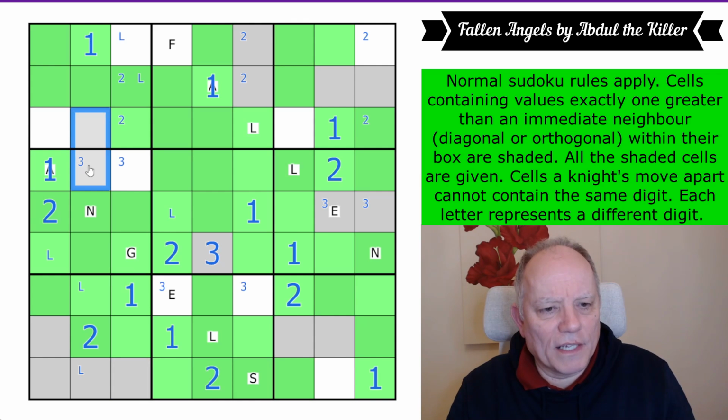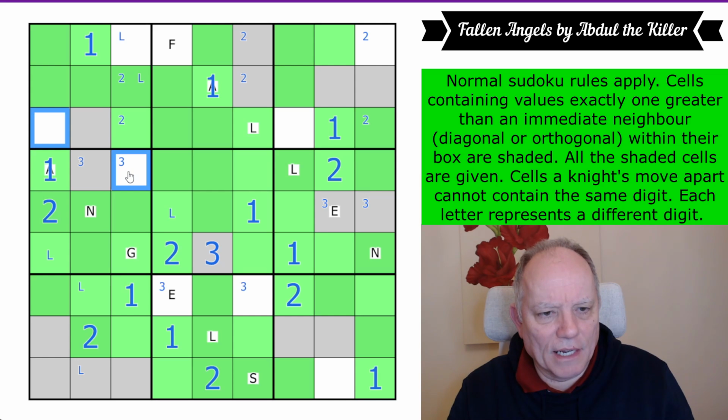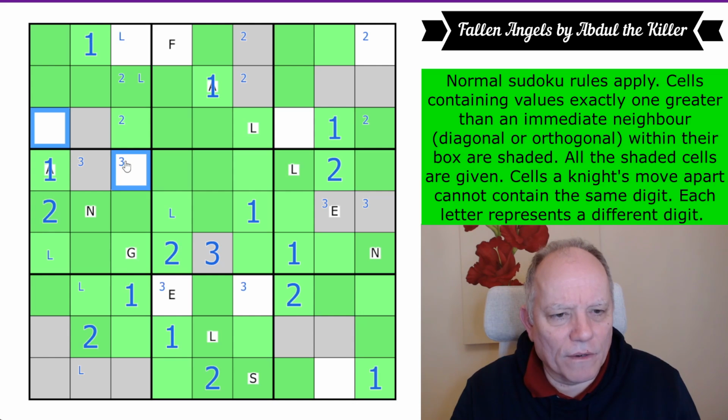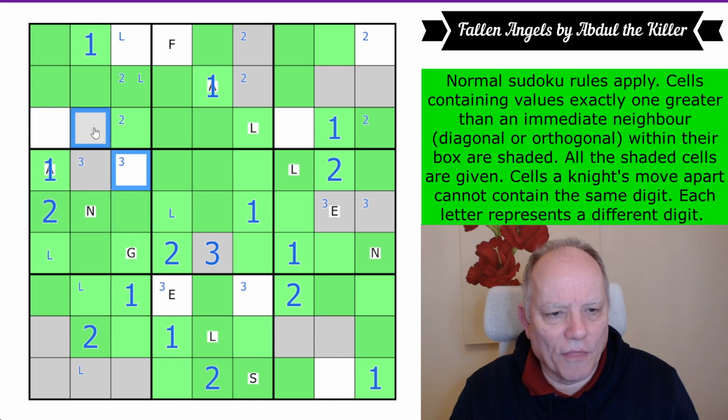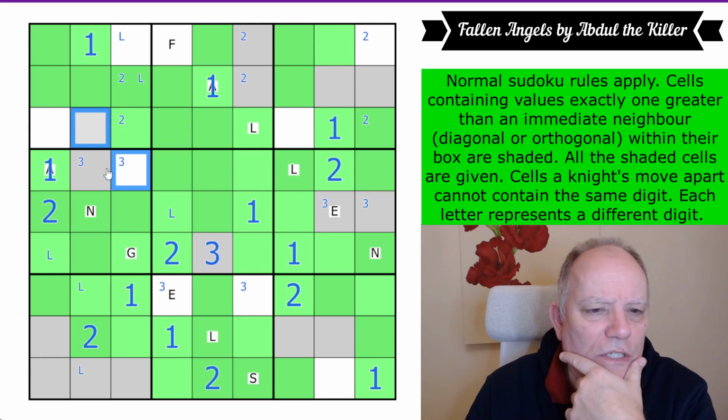Oh, one of these is a 3, because these 2 can't both be 3s in... Well, hang on. If that's a 3, that is a 3. No, I don't think my earlier suggestion was right.